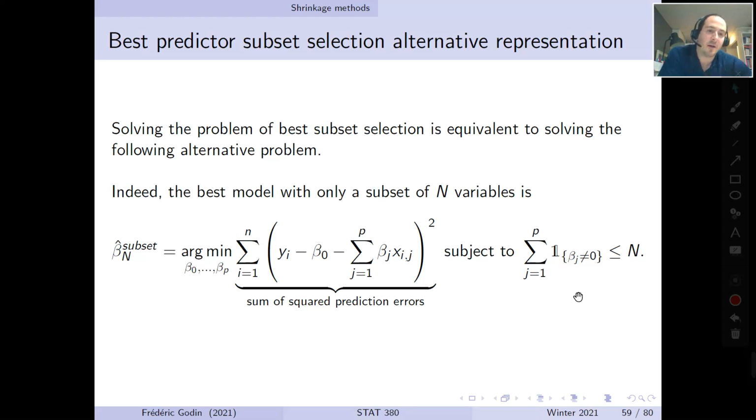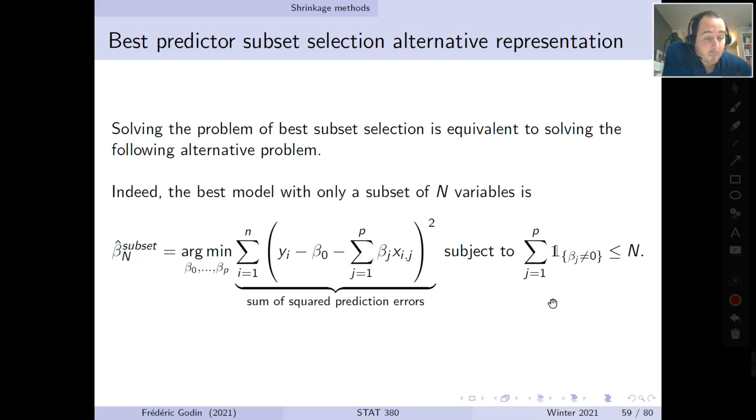Every time a beta is different than 0, this indicator is 1. So this term represents the number of non-null parameters, or non-null betas, excluding beta 0, but non-null slopes.